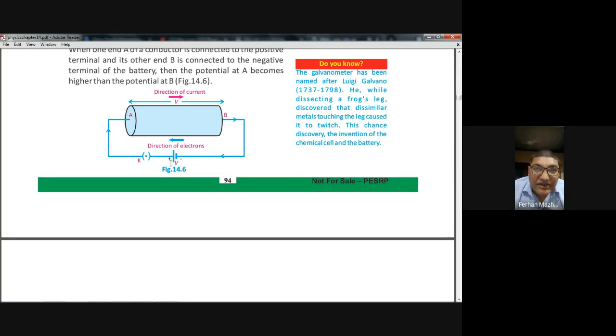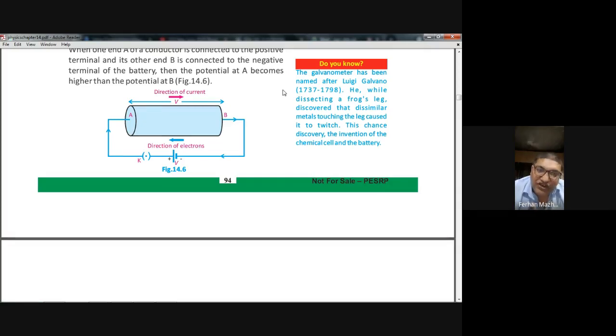So the charges which are coming out of this positive terminal will automatically go through the circuit to that terminal of the battery where the potential energy is less. For example here, why are the charges flowing in this direction? Because here the potential energy is higher, here the potential energy is lower. We are talking about conventional current, so they automatically will flow from A to B because they move from a higher potential energy point to a lower potential energy point.